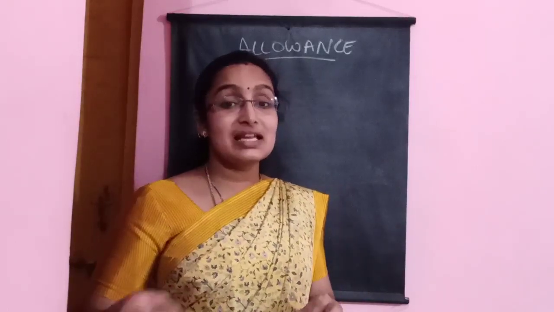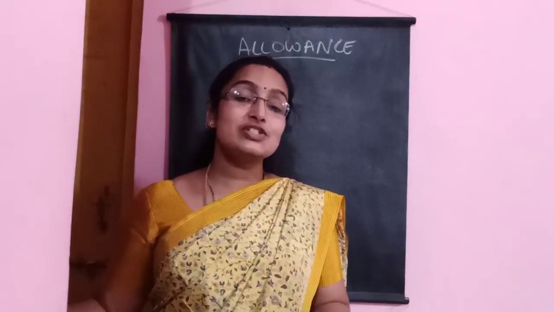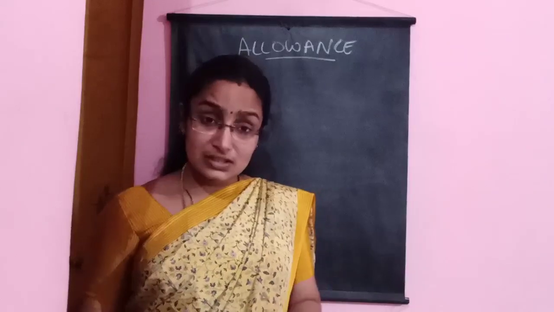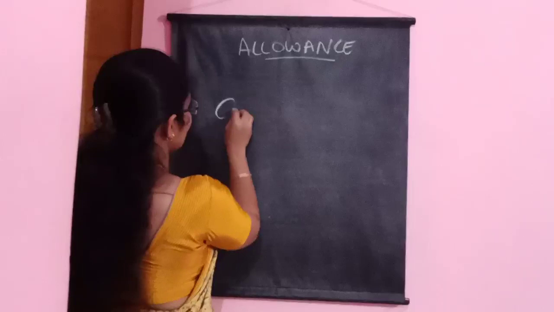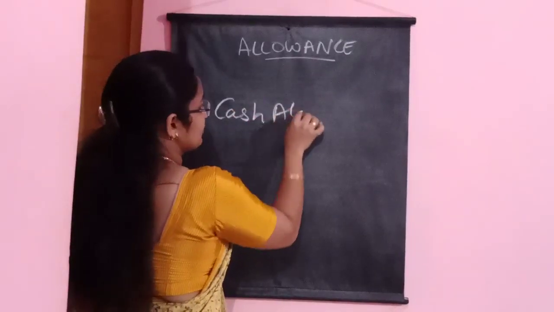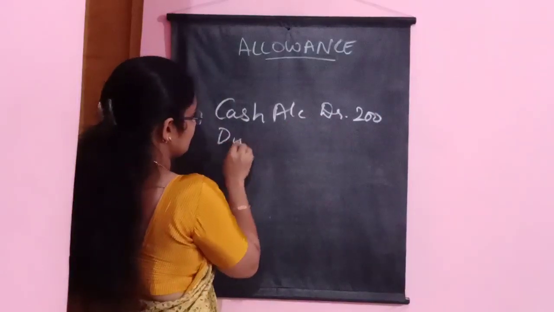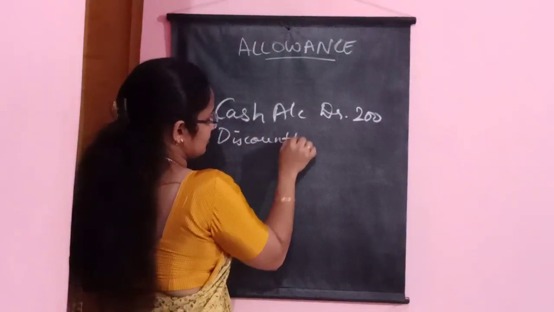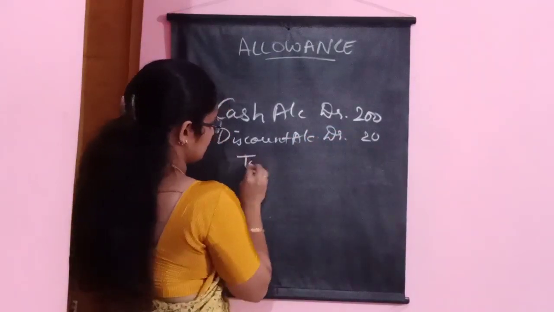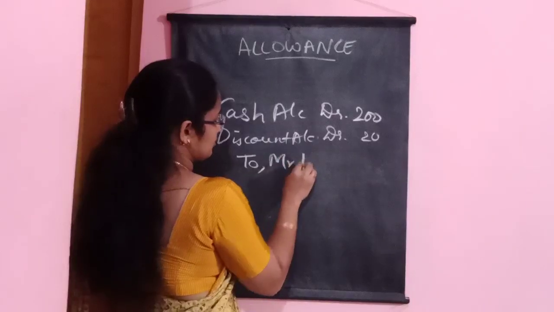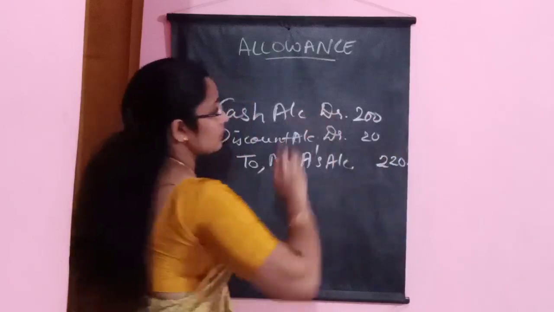So if we go to pass the journal entry for this transaction, Mr. A paid the final settlement of rupees 200 for rupees 220 due on him. So the journal entry will go as follows.